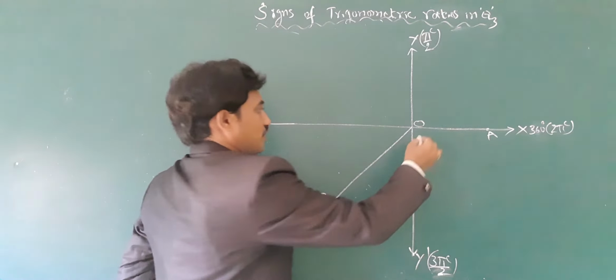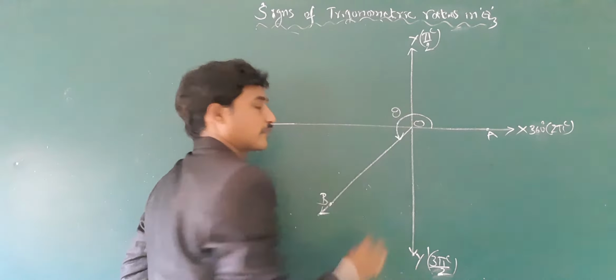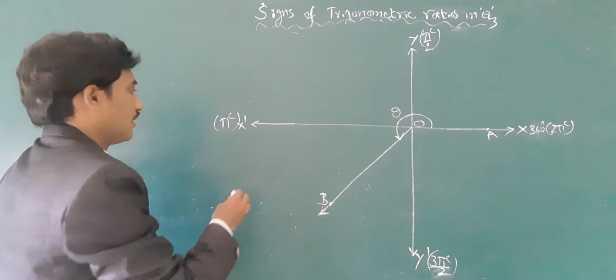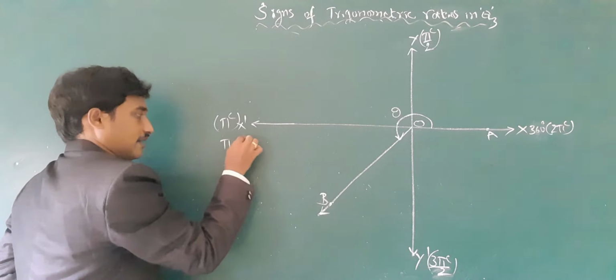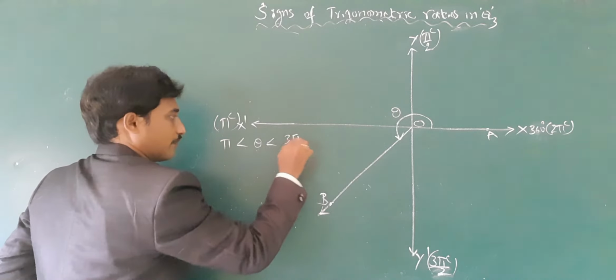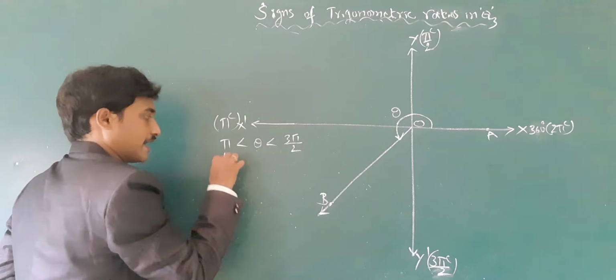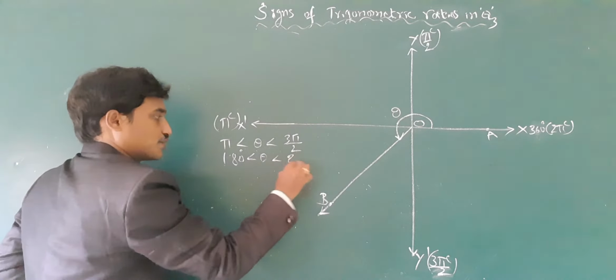Then the angle is theta. Here theta is more than pi radian and less than 3 pi by 2 radian. That means 180 degree less than theta less than 270 degree.